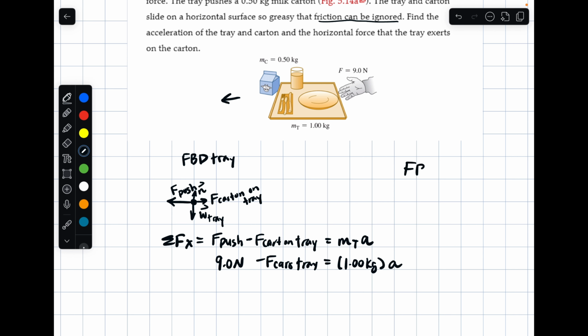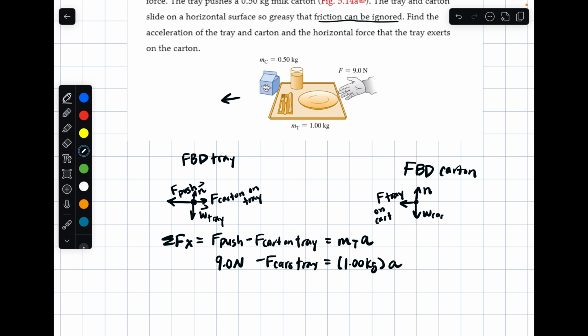Let's take a look at the free body diagram of the carton and see if there is any help there. So the carton is going to feel the weight of gravity. It's going to feel the normal force. And it's going to feel the force of the tray on the carton.